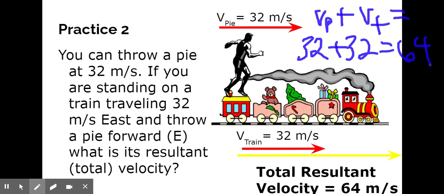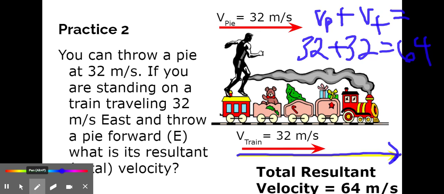So we have 64 meters per second, but we can't just leave that value there. Remember, these are vectors, and when you add a vector to a vector, you get another vector. So what else do we need? We need a direction. So it's 64 meters per second east, the direction the train is going.